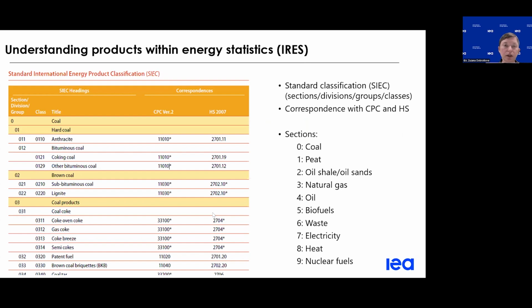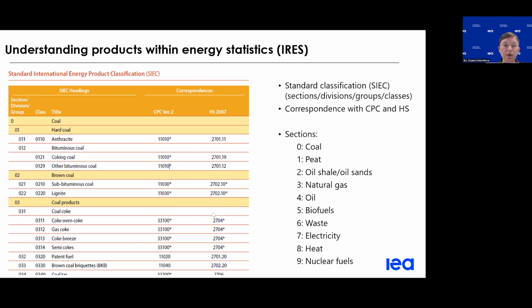And this classification basically classifies all energy products into 10 large categories that you can see on the slide, and then each of the categories has further subcategories. And this is what is currently used within the IEA, but also UN and other places that use IRES as the basis for doing their statistics.